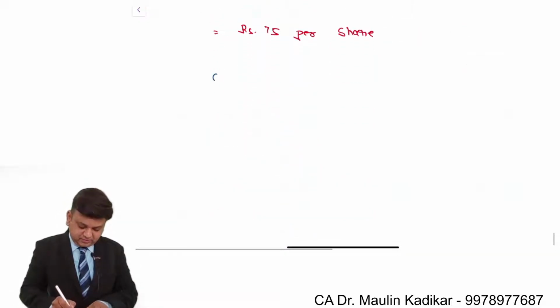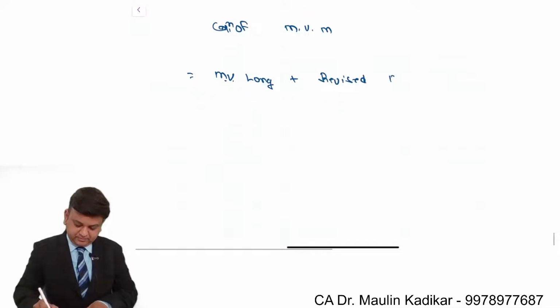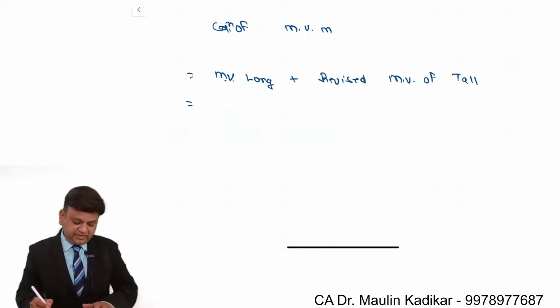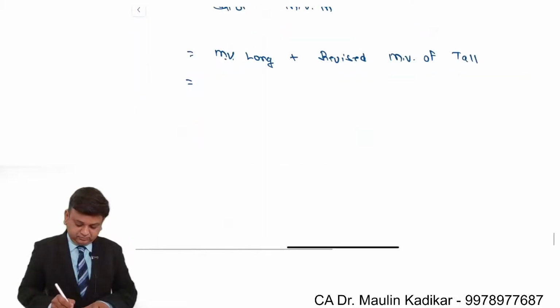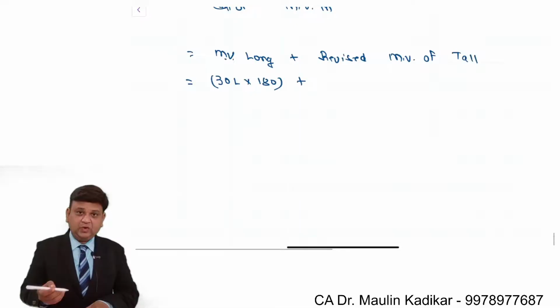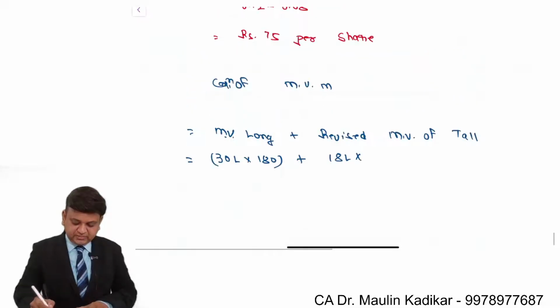Now third, calculation of the market value of the merged firm. It is the market value of Long plus the revised market value of Tall. As far as the current market value of Long Limited is concerned, it is 30 lakh equity shares and the price per share is 180. For Tall Limited, the number of equity shares is 18 lakhs into the market price per share of 75.